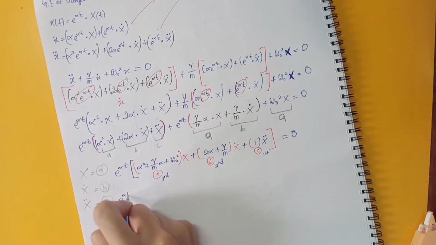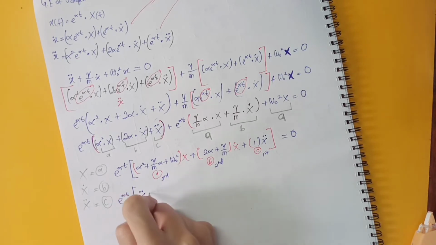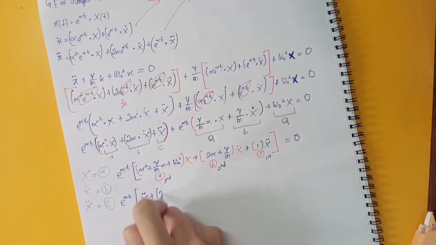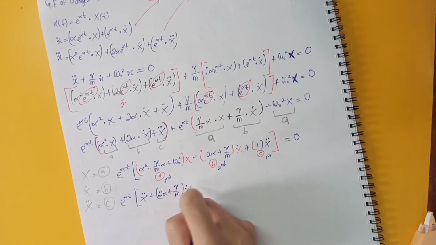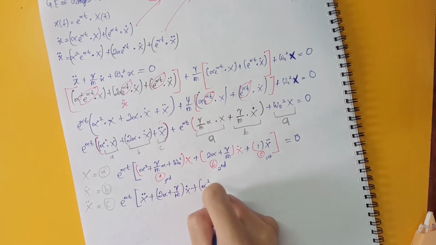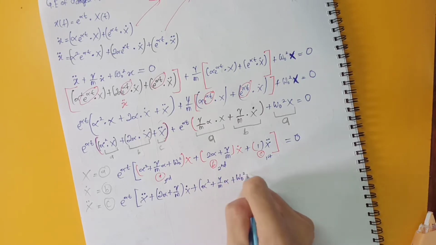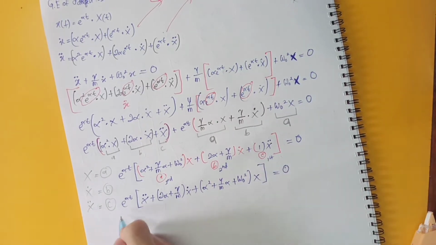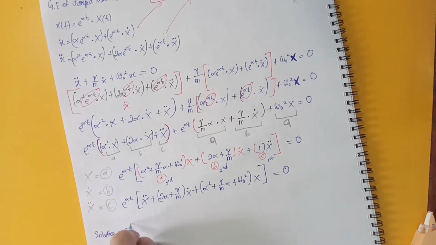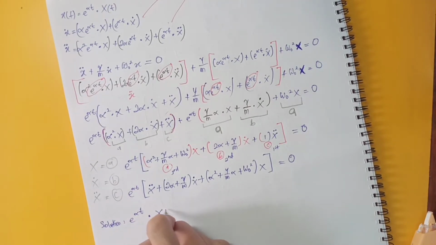So exponential power of alpha t multiplied with x double dot plus 2 alpha times gamma over m times x single dot plus alpha square plus gamma over m times alpha times omega naught square x single dot. This is equal to 0. So notice that this is actually a solution for the exponential power of alpha t times x t.